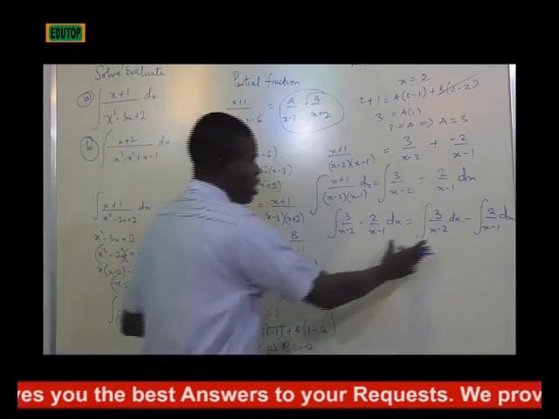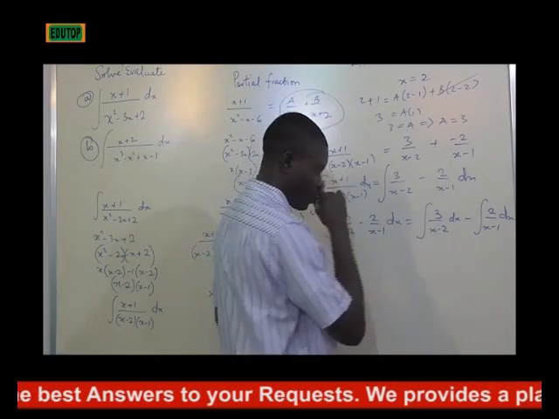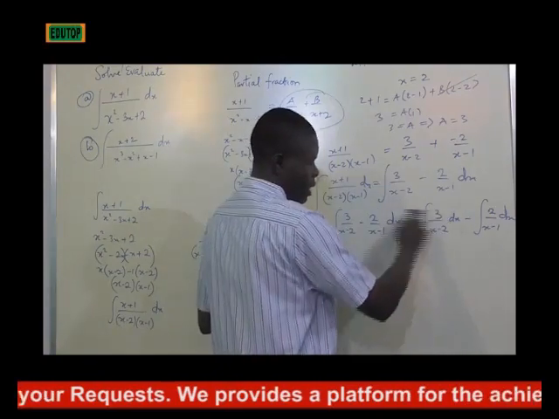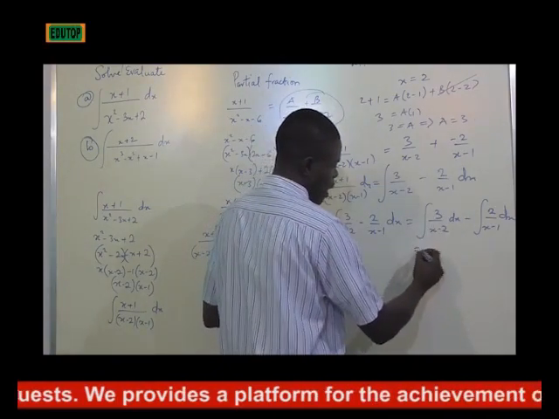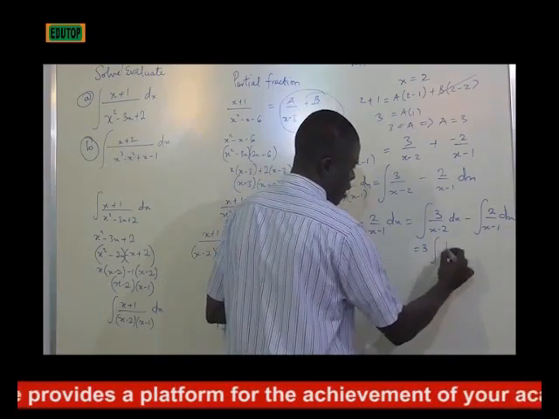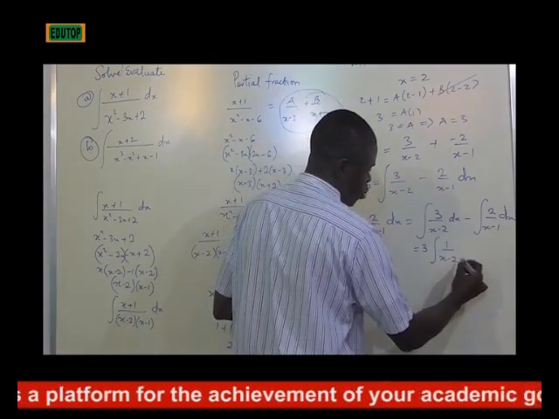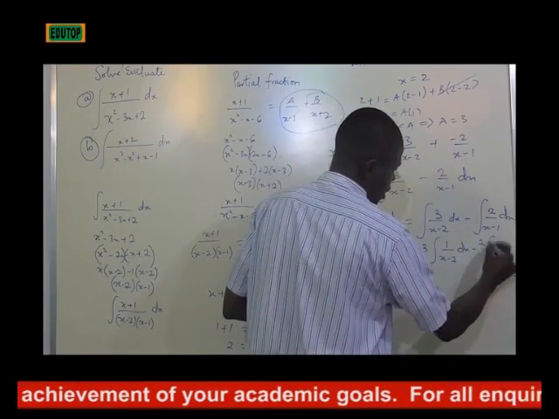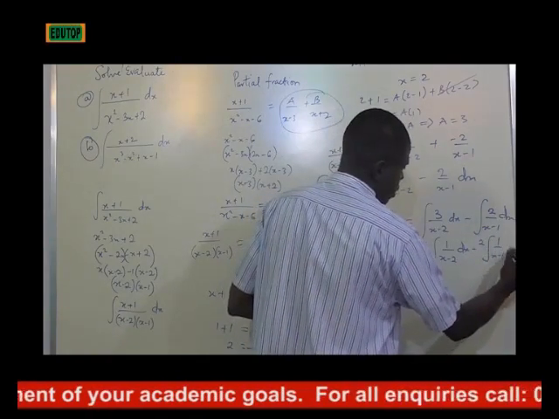So I can now integrate this directly. But before I integrate this, remember that this 3 can come out since it's a constant. You can have 3 into the integral of 1 over x minus 2 dx, minus, this is also a constant, can come out of the integral, and you have the integral of 1 over x minus 1 dx.